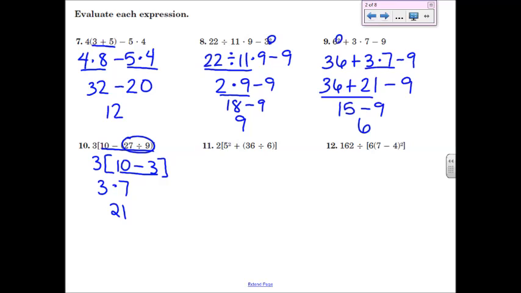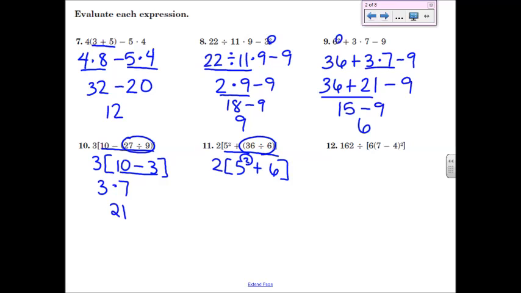Same thing in number 11. Inside the parentheses first, we have parentheses again. So we're going to do that first. If you're not on that step of the ladder, you leave everything the same. So inside the parentheses, inside the brackets, we have 36 divided by 6, which is 6. Then inside the brackets, the next step would be exponents.